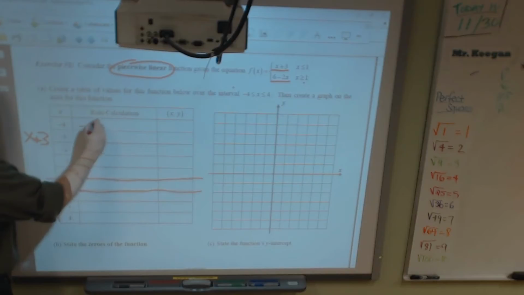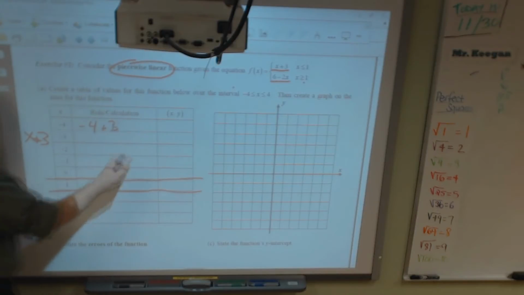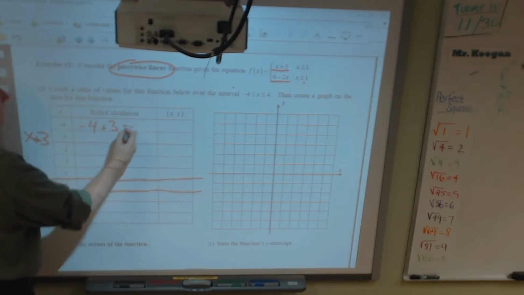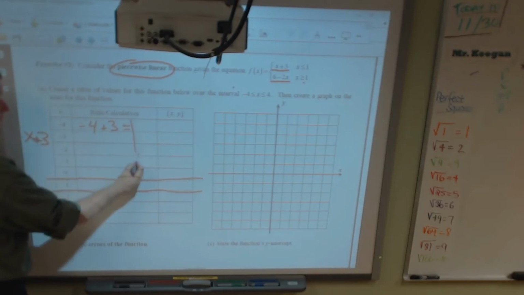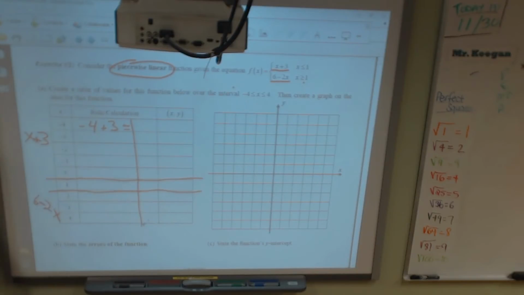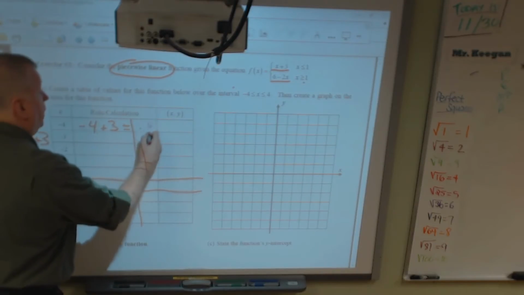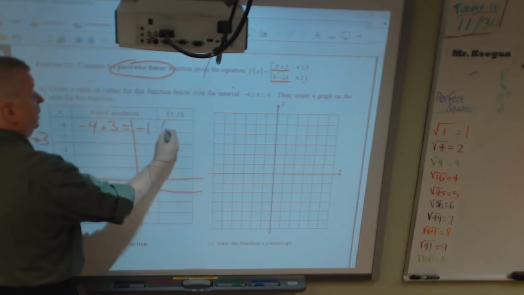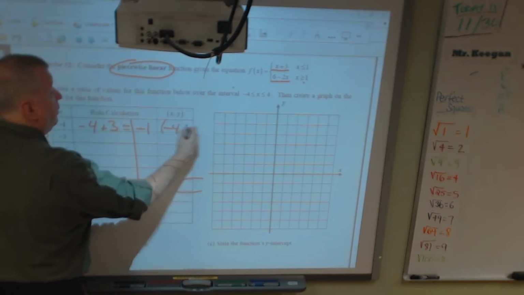So what's -4 plus 3? -1. All right, so the first point is going to be (-4, -1).